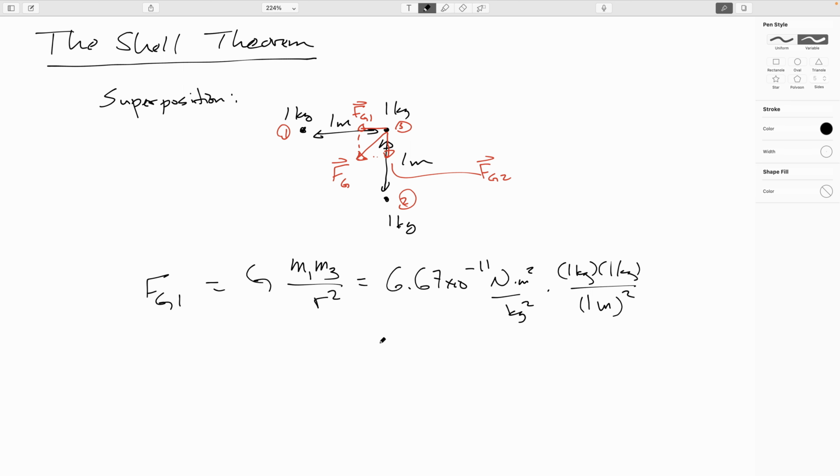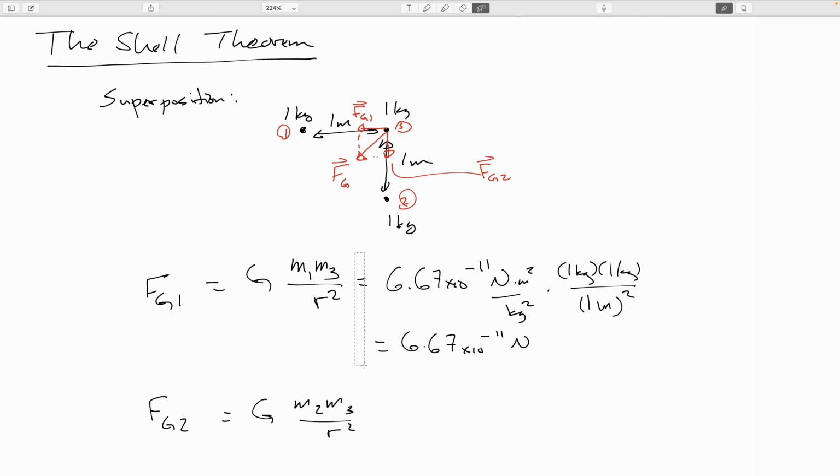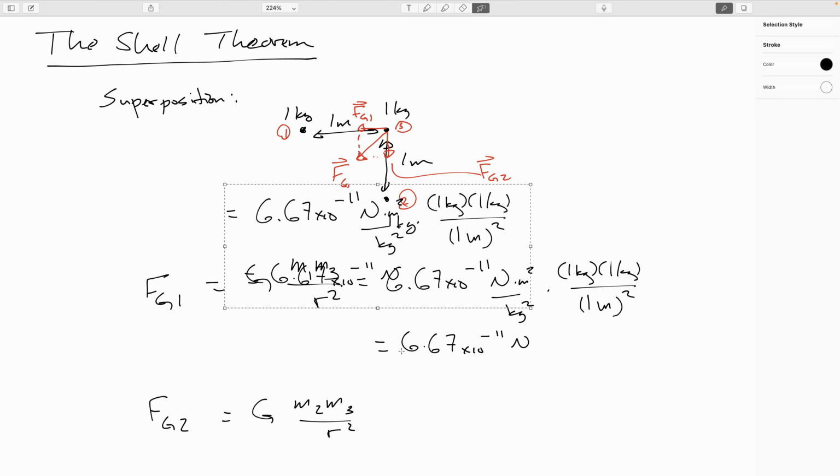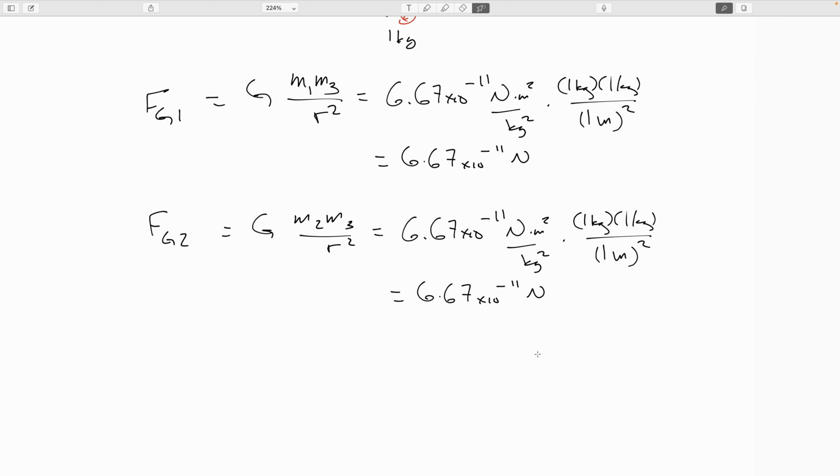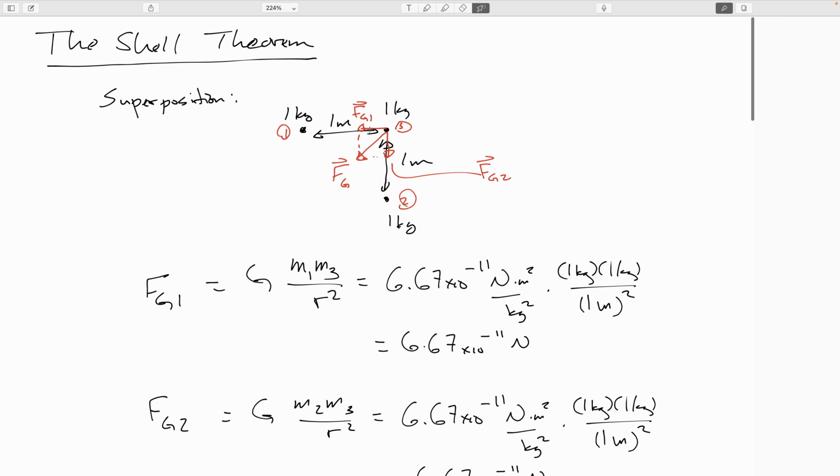I don't think it comes as any surprise that that's 6.67 times 10 to the negative 11 newtons. Similarly for FG2, that'll be G m2 m3 over r squared. And then to get the net, we'll have to do the vector sum.